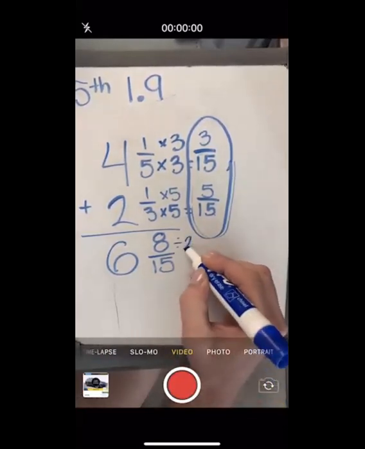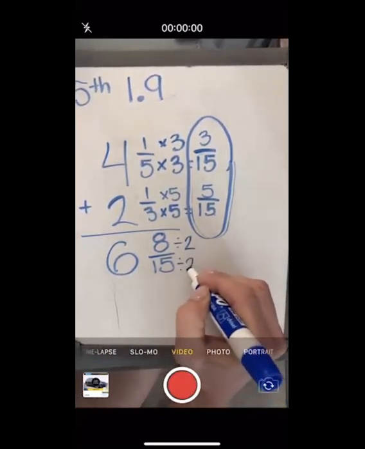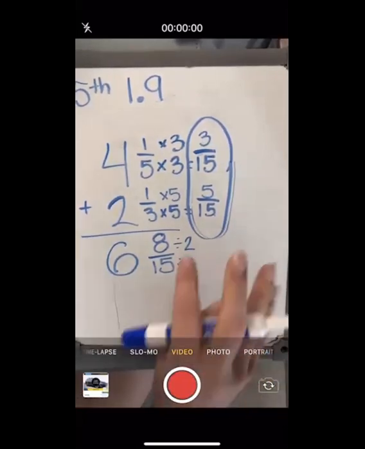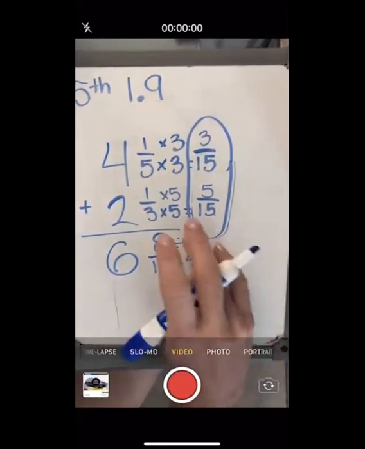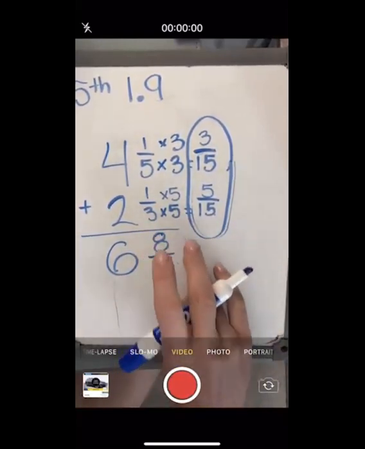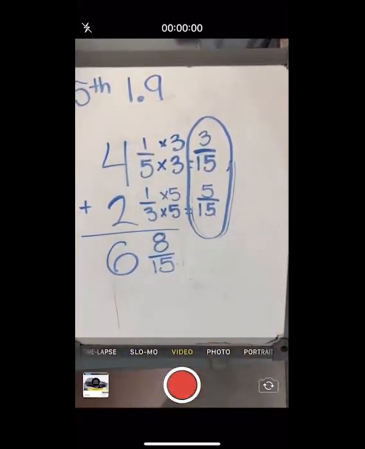I was going to say we can't, because I can't do 15 divided by 2. I can't do 8 divided by 3. And 15 divided by 3, nope, so they do not work. And guys, often you'll see this with odd and even numbers. We can't divide by a fraction, so it stays there, because we're working with fractions.